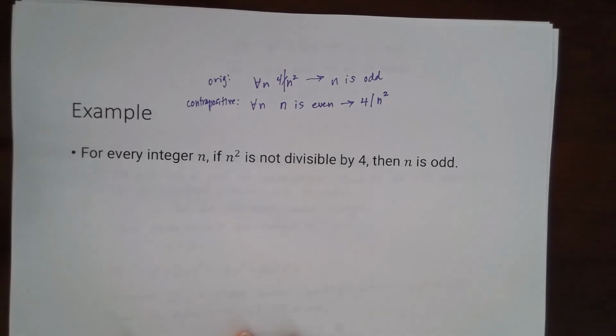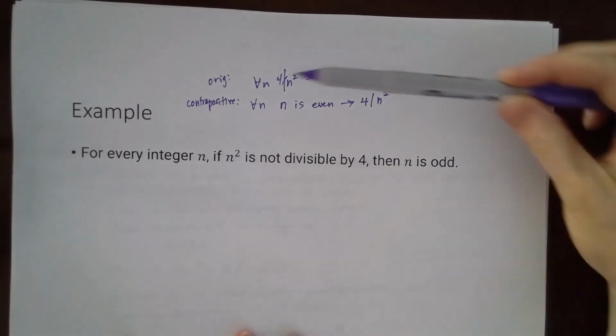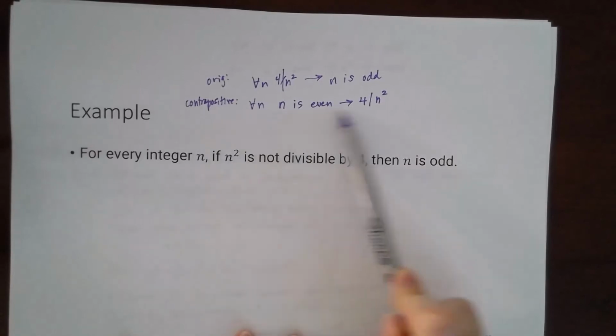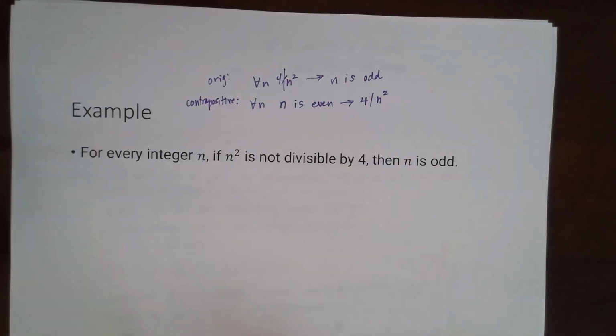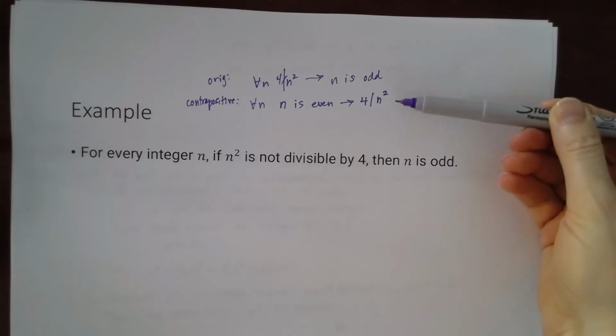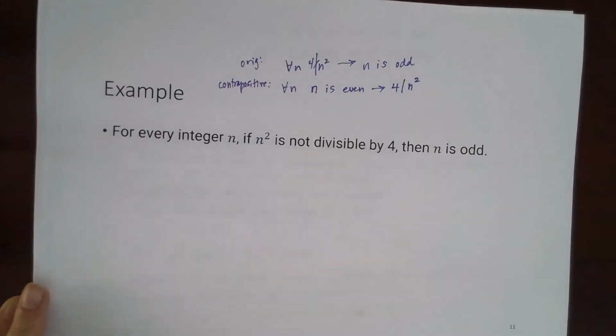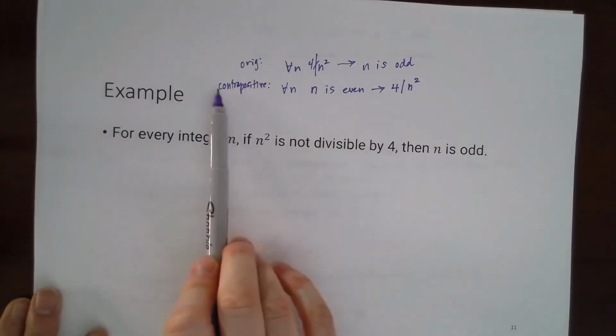So once again, when we look at the contrapositive, this one looks like it's going to be much easier to prove than the original statement. So hopefully you can see why a proof by contrapositive is a desirable thing here, because this is just easier to work with. Essentially now we just need to do a direct proof of the contrapositive.